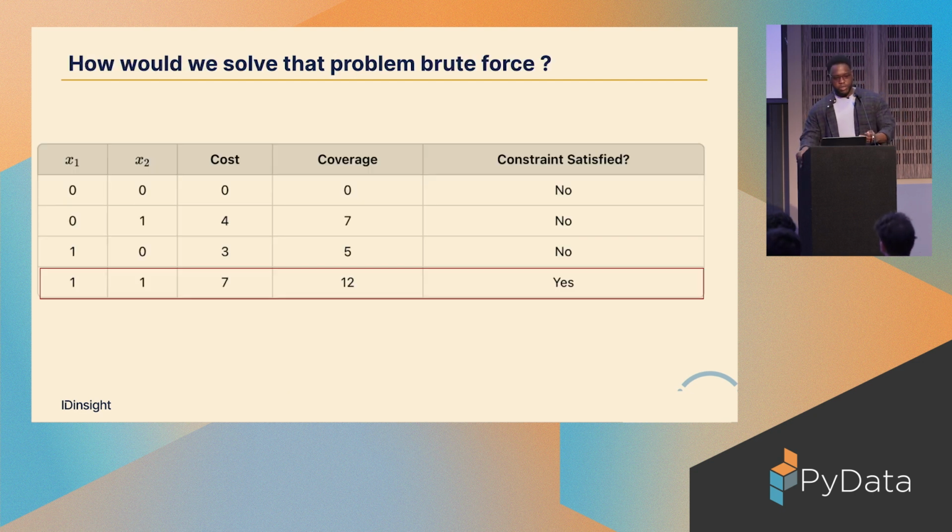So you can do this one by one. If you have x1 and x2 at 0, everything is 0, right? So it's not a solution to our equation. The same thing if you have x1 at 0 and x2 at 1, or x1 at 1 and x2 at 0. But if you have x1 at 1 and x2 at 1, if you look at the equation, 5x1 plus 7x2, we get a total coverage of 12 women.